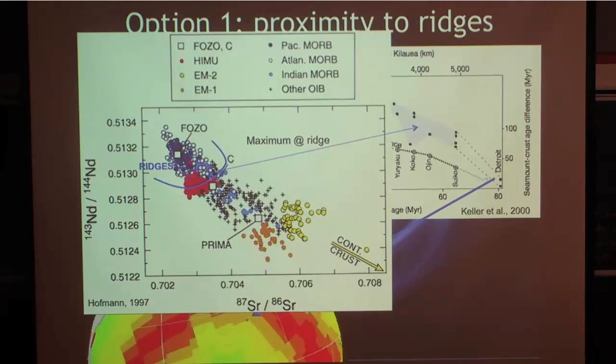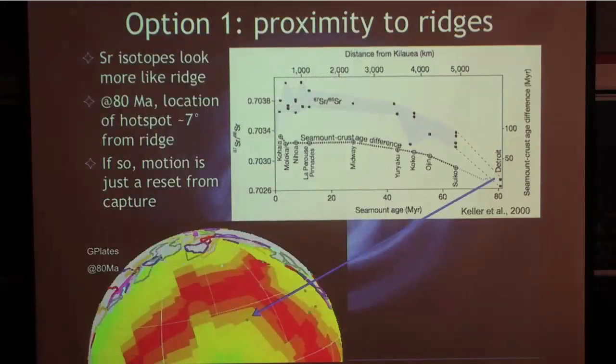And the reason for that, probably, this is a reconstruction from about 80 million years. Here's Hawaii, and here's the ridge system. So you're within about 7 degrees or so. You're within that 1,000 to 1,500 kilometers that Tarduno suggested would be the distance over which you might interact with the ridge system. So from a chemistry point of view, it seems like that might actually be what's going on.